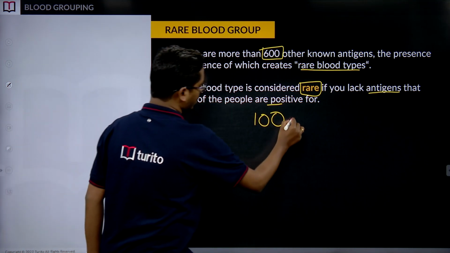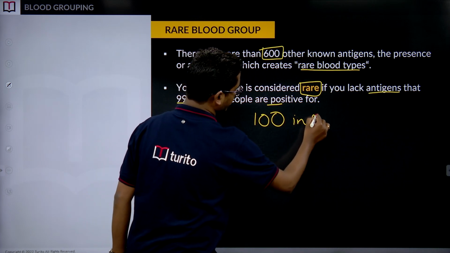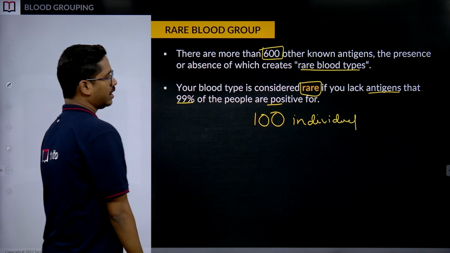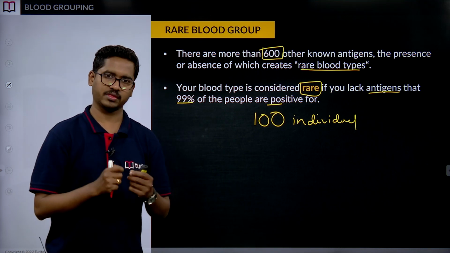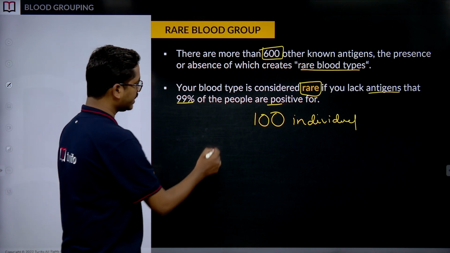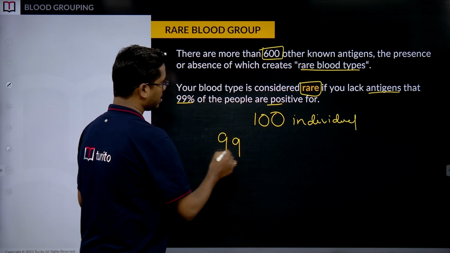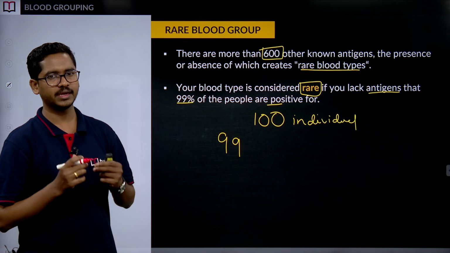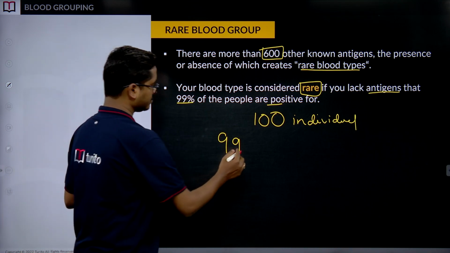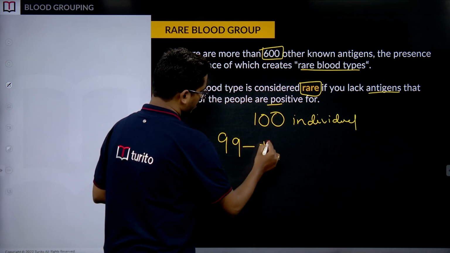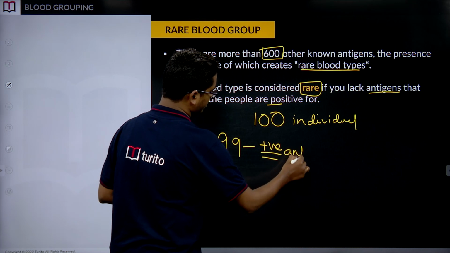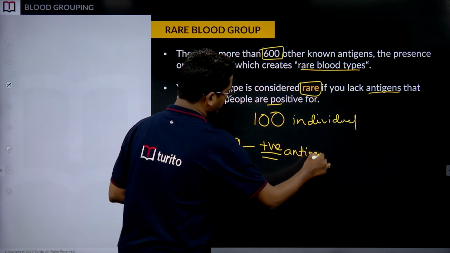Okay. So, there are 100 individuals, let us say, just to make you understand, children, by the way. Out of 100 individuals, 99 people among those 100 are positive, that means they have that antigen on their RBC.